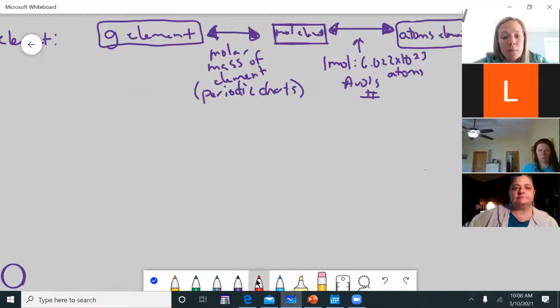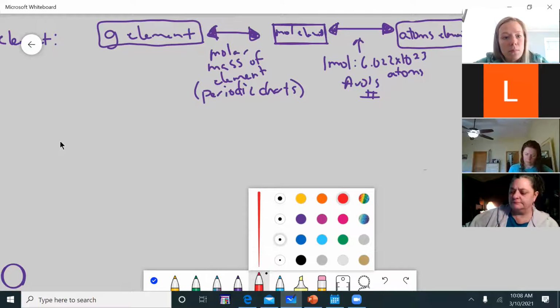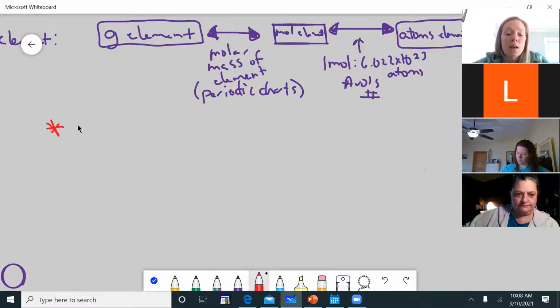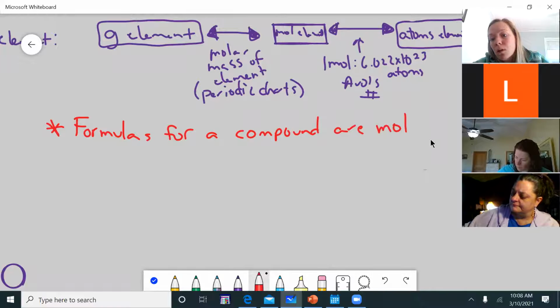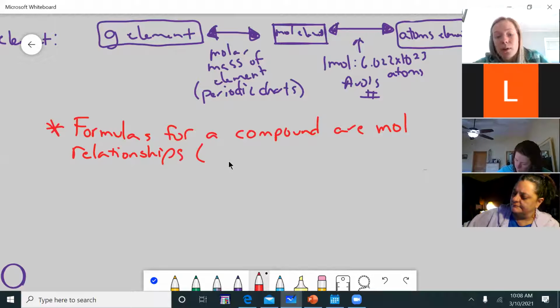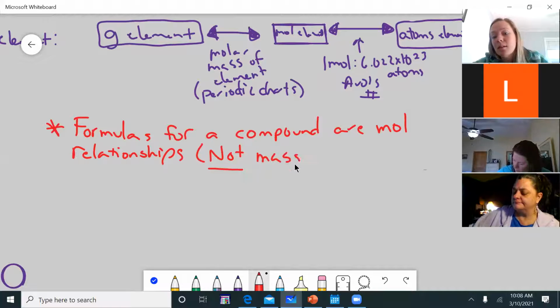So give yourself a note that says formulas for a compound are mole relationships. And then if you want to put in parentheses here, you can say not mass. Okay, it's not a mass relationship, it's a mole relationship.